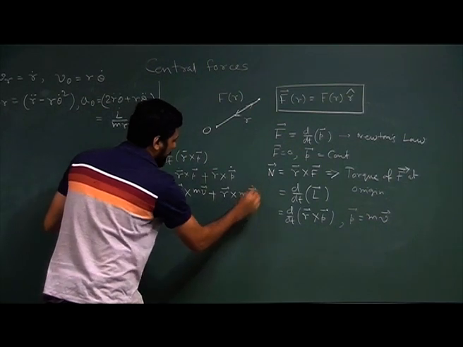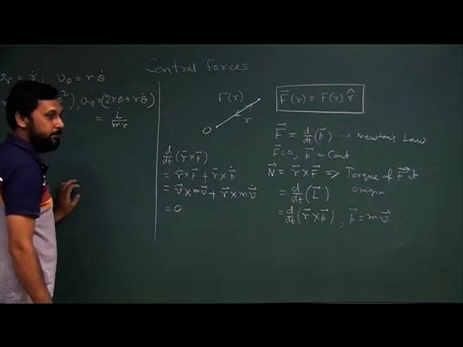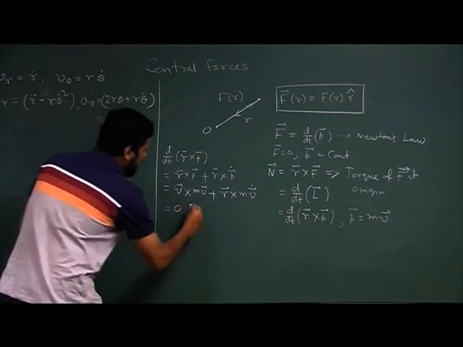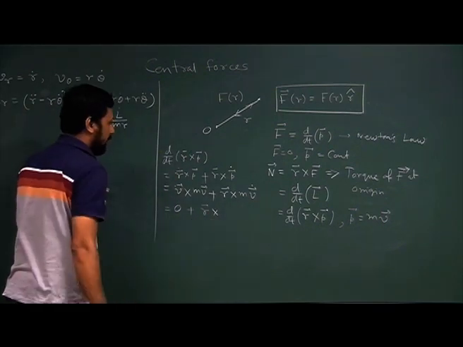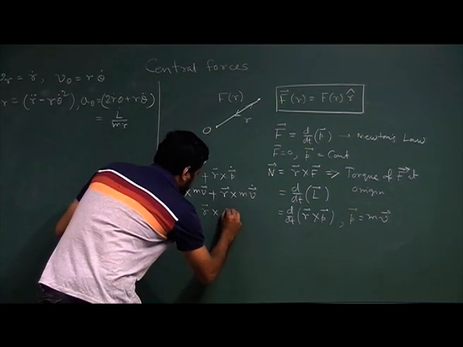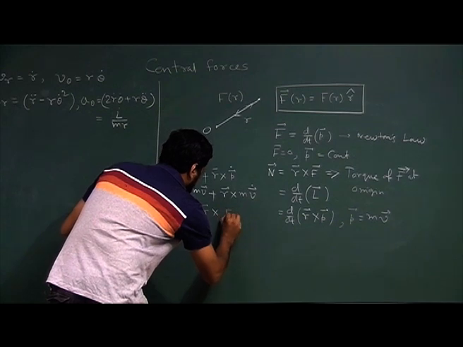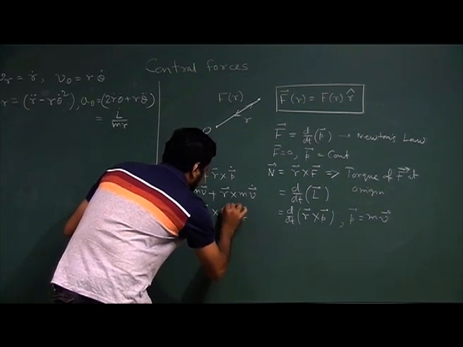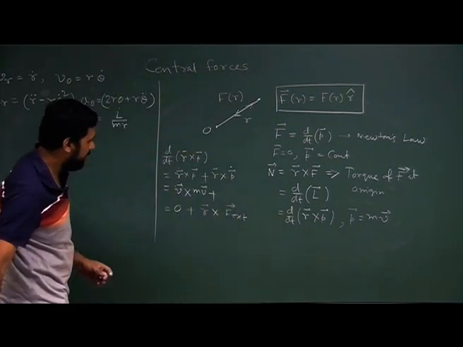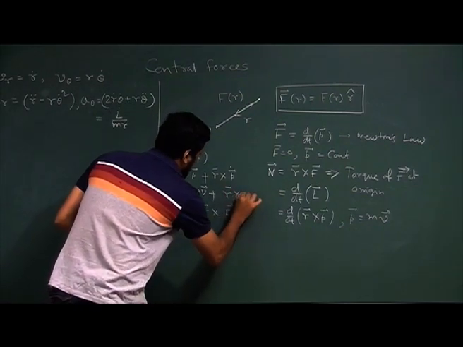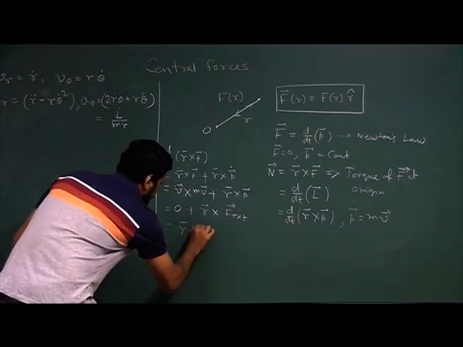So, there is no time variation of mass. Now, v cross v will always give you 0, and we have r cross m v dot, which is p dot, which is F external. Actually, we do not have to write this step, we can simply write this as r cross p dot.